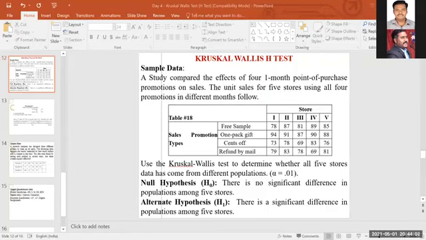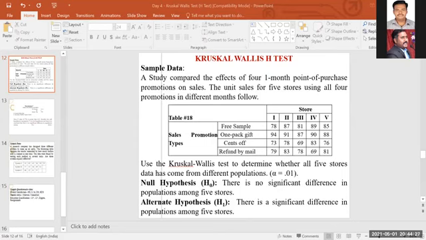And whenever you're dealing with two variables, for chi-square, you should mention the term association: there is a significant association or not. And for correlation, regression, all these, you can mention there is a significant relationship, there is a significant correlation.